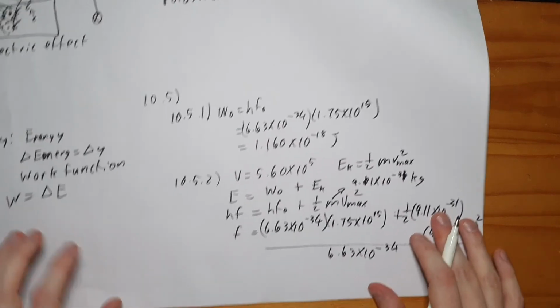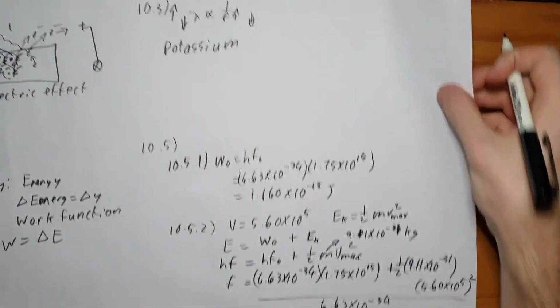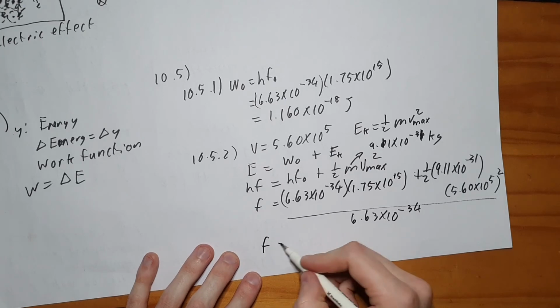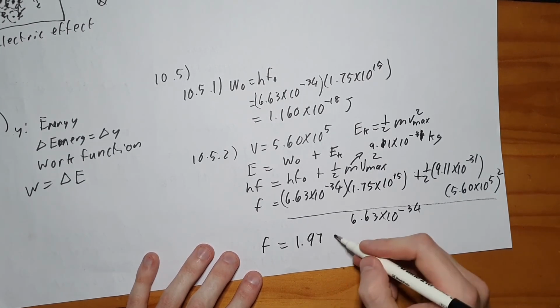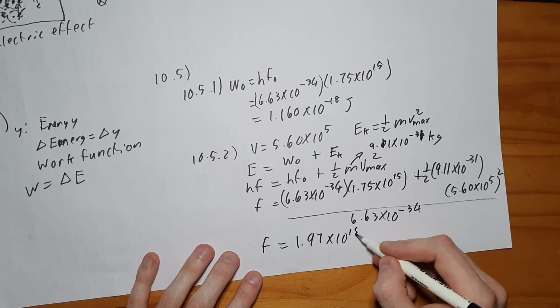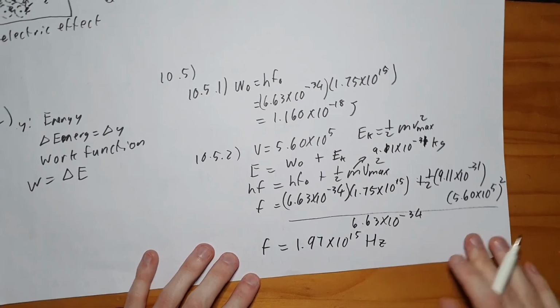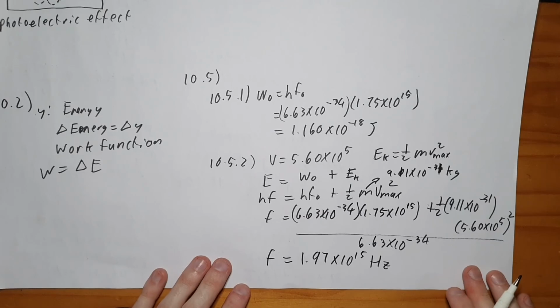If you plug that into your calculator, you should get a frequency equal to 1.97 times 10 to the 15 hertz. And that's how we go about doing this question.